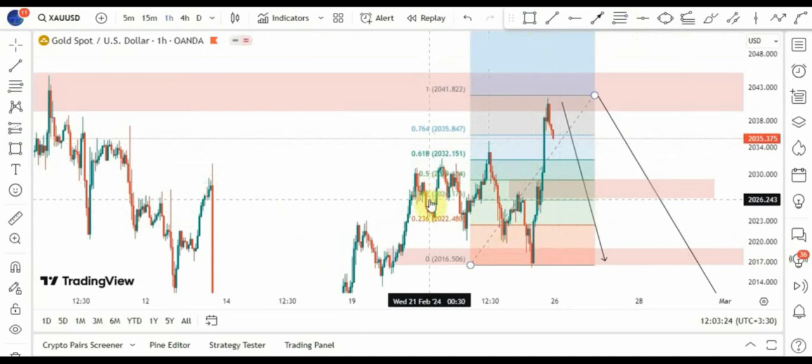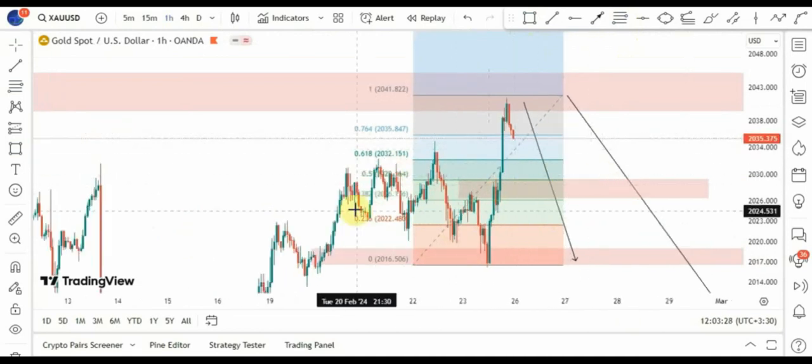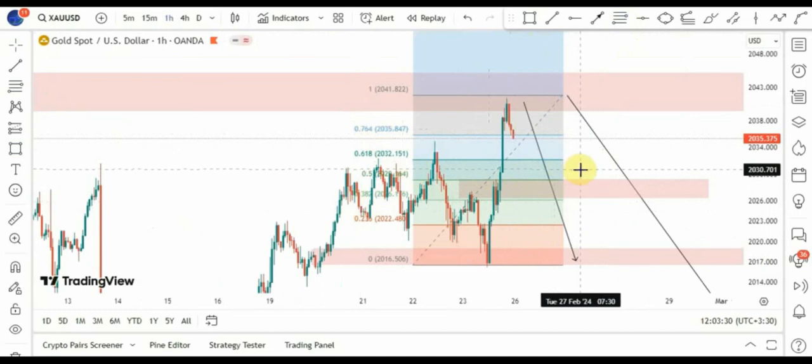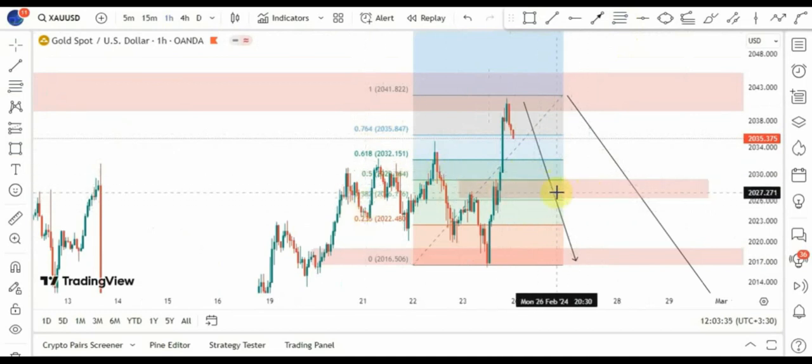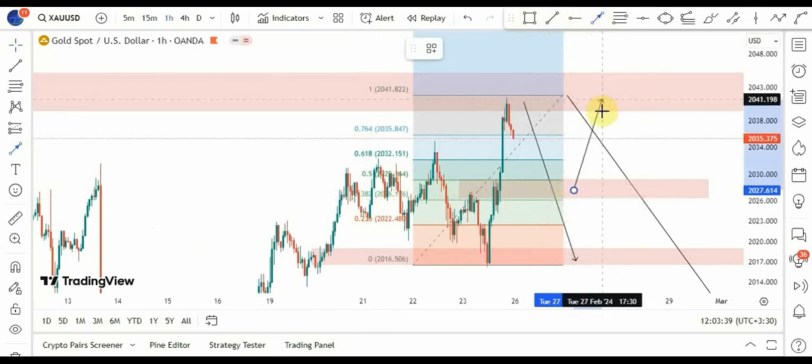The Fibonacci retracement levels are around 50 and 38.2, around here, and then it goes back above. This is our prediction, around 2042, to again touch this zone. So we have 2 procedures here.